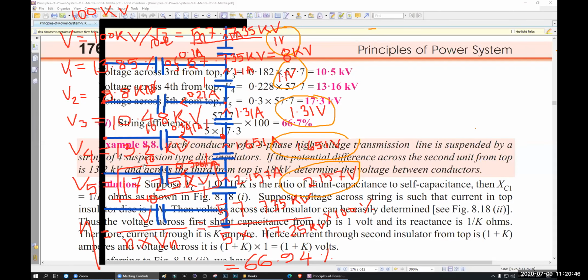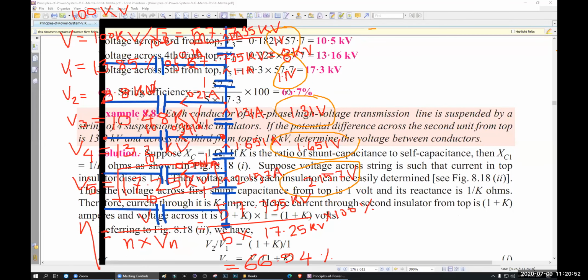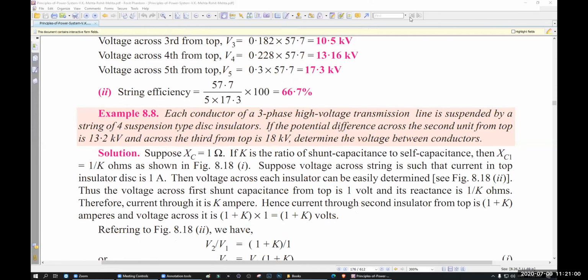We got 13.2. That's okay, no problem. And last one, they got 17.3. We got 17.25. No problem. The efficiency, they got 66.7%. We got 66.94%. That's okay. No problem. Okay? Understood? Yes, sir. I understand. Okay. That was the math.